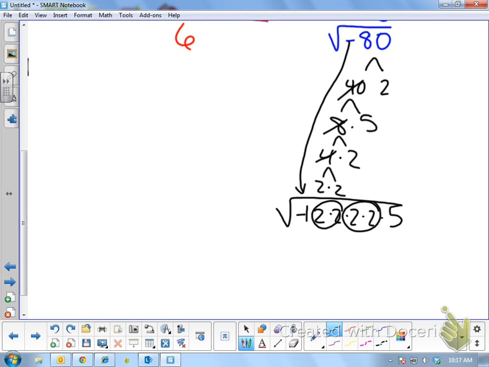What do we know about the square root of negative 1? What does that equal? i. It's the new thing we learned today. So this piece comes out front and becomes i. The rest act normally. We know one dies, one makes it out. One dies, one makes it out.